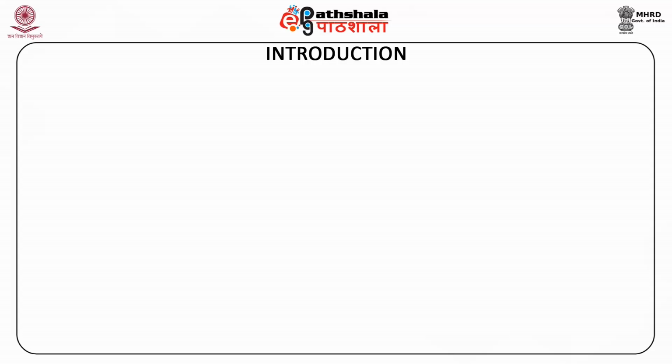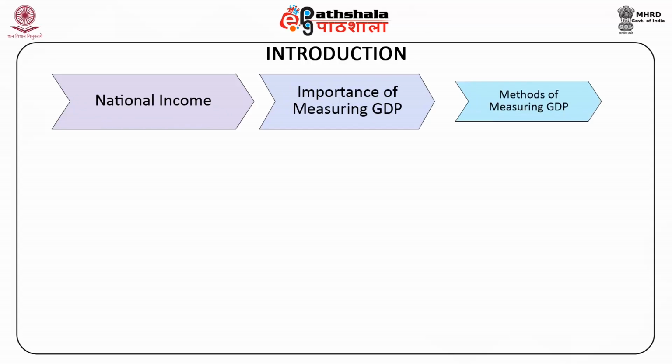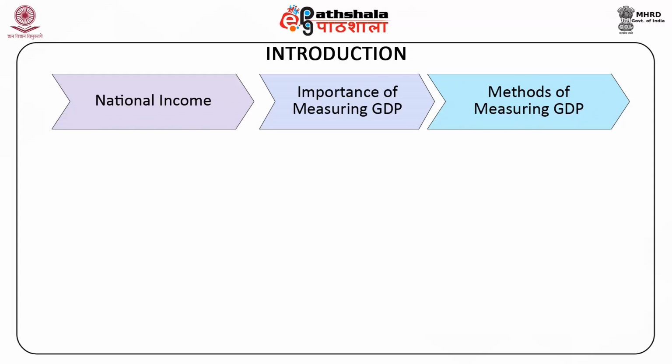We already know the concept and coverage of the national income or GDP and the importance of measuring it. This module helps in explaining how we can measure the national income. The circular flow of income suggests that every transaction has two sides, the income or output side and the expenditure side.